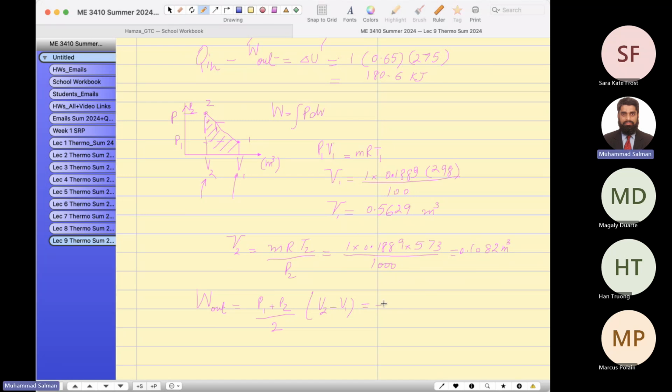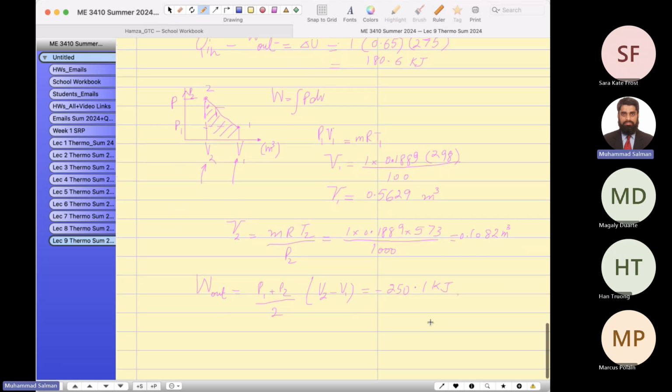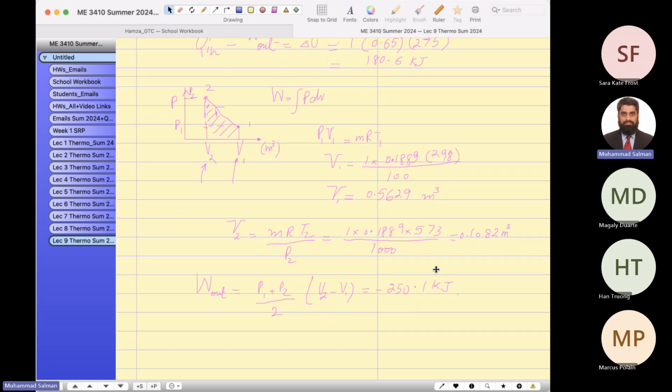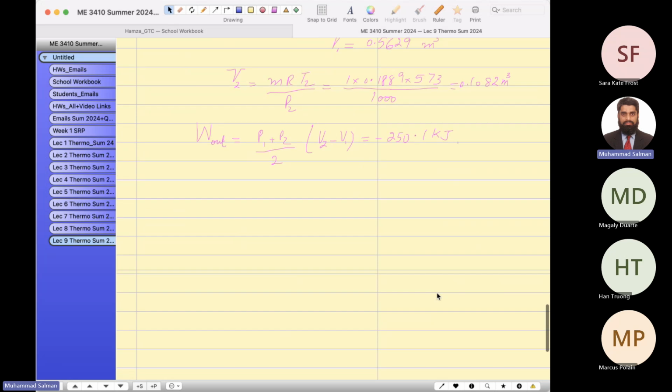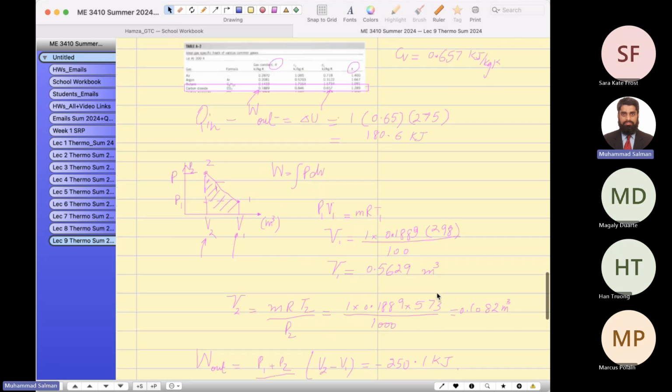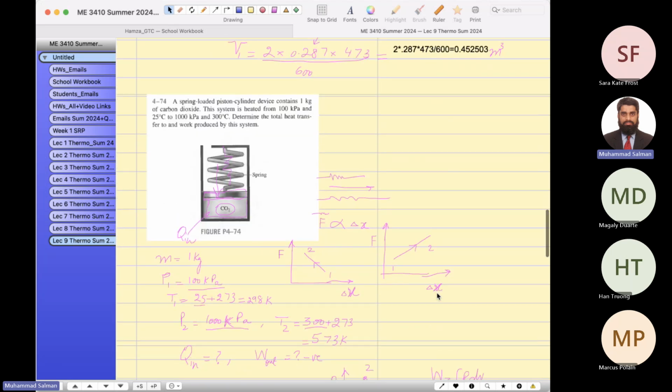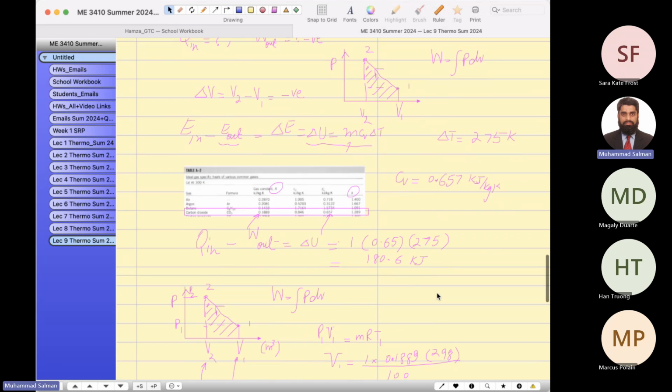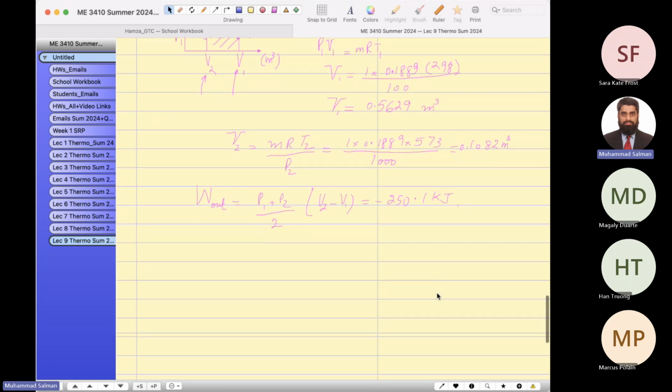So you should get minus 250.1 kilojoules. The minus sign says that the work is done on the system by the spring. Spring is pushing this piston downwards. So work is done on the system.